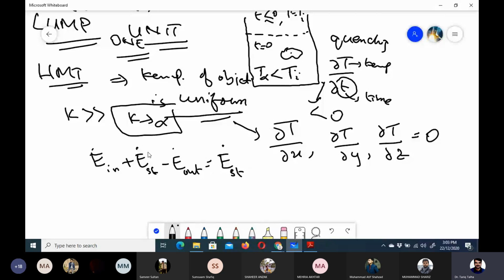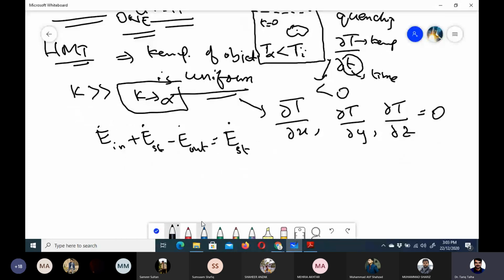For this case, the quenching process, quenching is the rapid cooling of this object by putting it into some liquid, maybe water. If we simplify this equation, E dot in would be equal to 0 for this case, because this object is losing energy, so nothing is coming in.